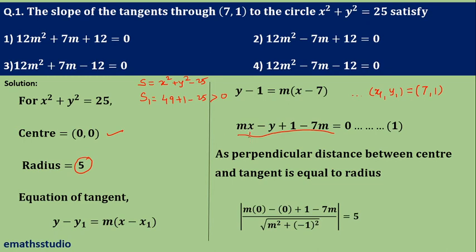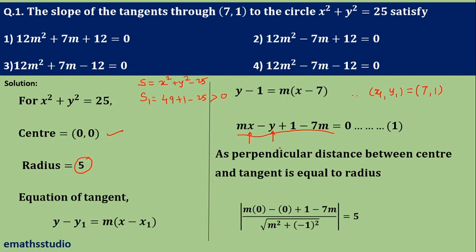In this x and y, we put the x and y coordinates of the center to get the numerator. So it is m into 0 minus 0 plus 1 minus 7m, upon the denominator, which is root of x coefficient square plus y coefficient square.